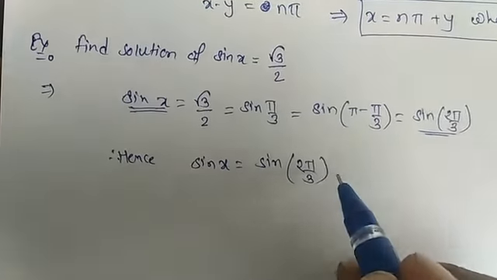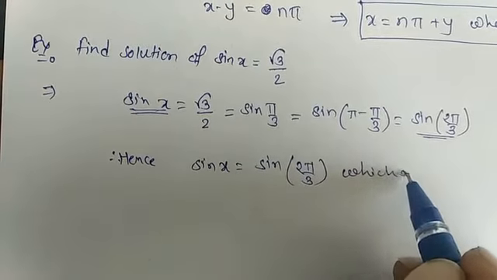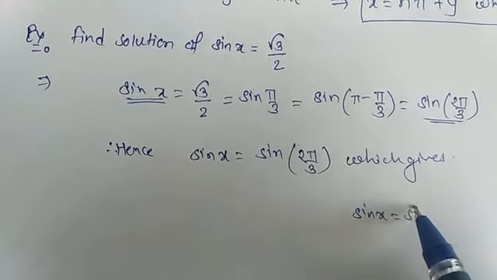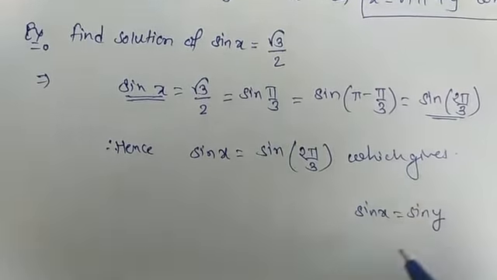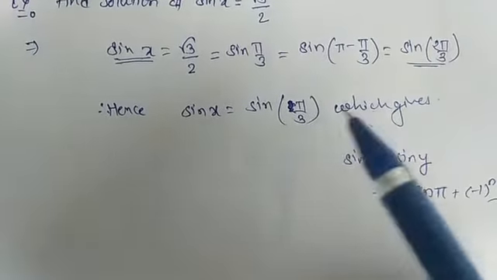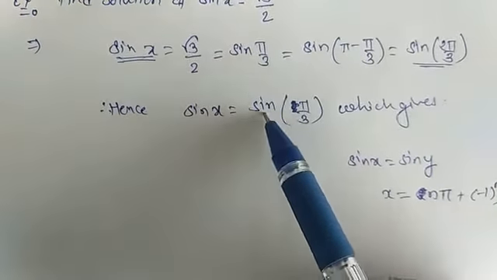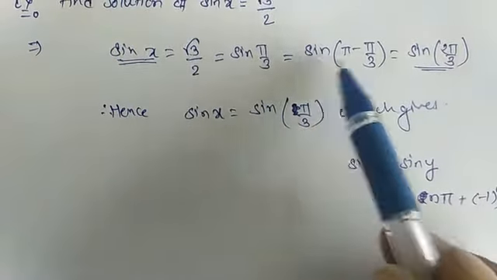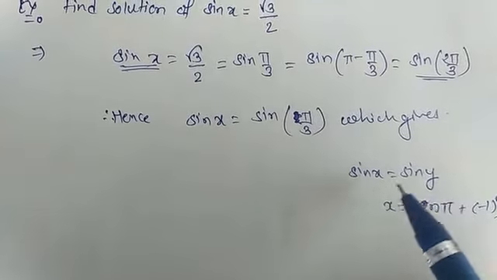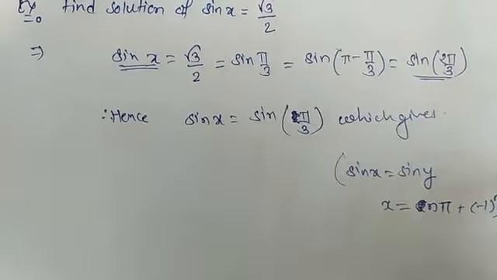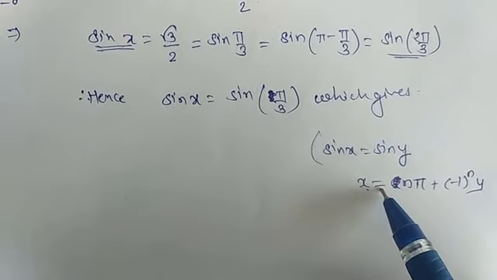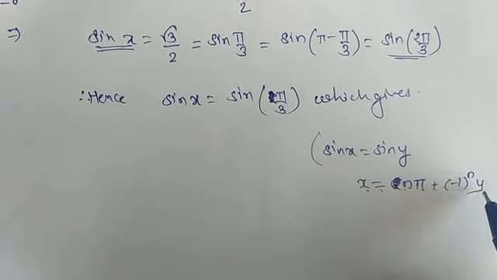As we know that for sin x is equal to sin y, here we consider sin x is equal to sin pi by 3, not 2 pi by 3, because it is the first value. In the first theorem we have proved that if sin x is equal to sin y, then x is equal to n pi plus minus 1 raised to n y.